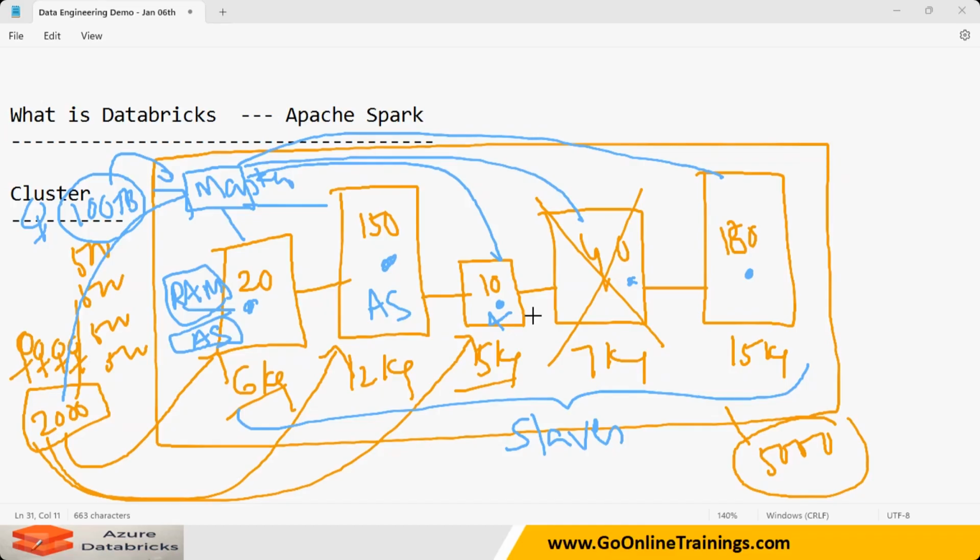If you have 1 plus 4, one will be master and 4 will be slaves. Clear? Master node, slave node, or master node, child node.